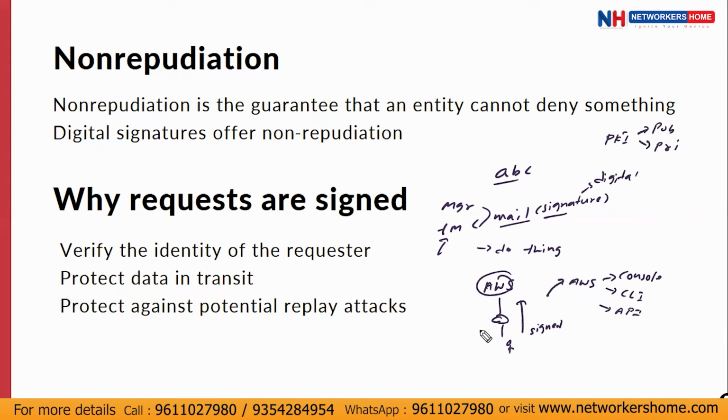So when you send a request, it will be automatically signed, and the receiving side is going to verify the signature. If a request comes from an unauthorized party, even using a proper username and password, but the requests are not signed, AWS is going to drop them.